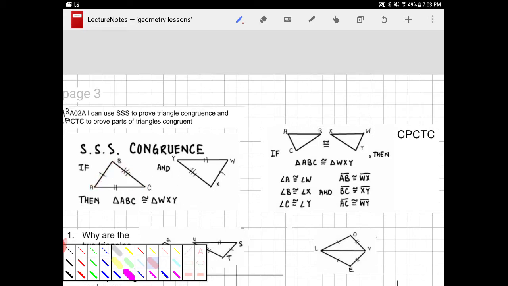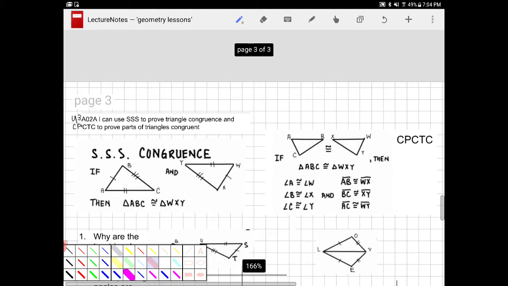So this side is congruent to this side, and this side here is congruent to this side there. Then what we have is a side, side, side congruent relationship. The two triangles are said to be congruent.